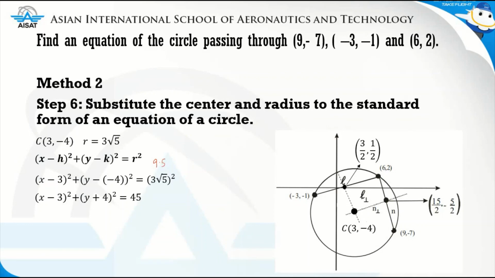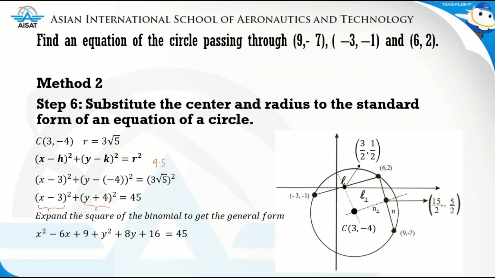But what is asked is to show the equation of the circle in general form. Therefore, it is necessary to expand these two binomials. So expand the square of the binomial to get the general form. So for (x minus 3) squared, we'll have x squared minus 6x plus 9. And for (y plus 4) squared, we'll have y squared plus 8y plus 16. And then copy, is equal to 45.